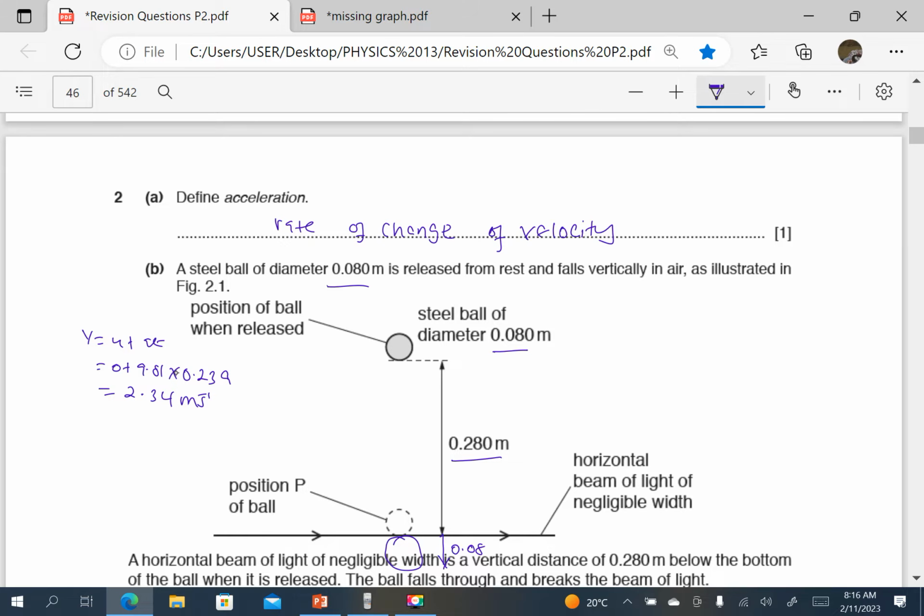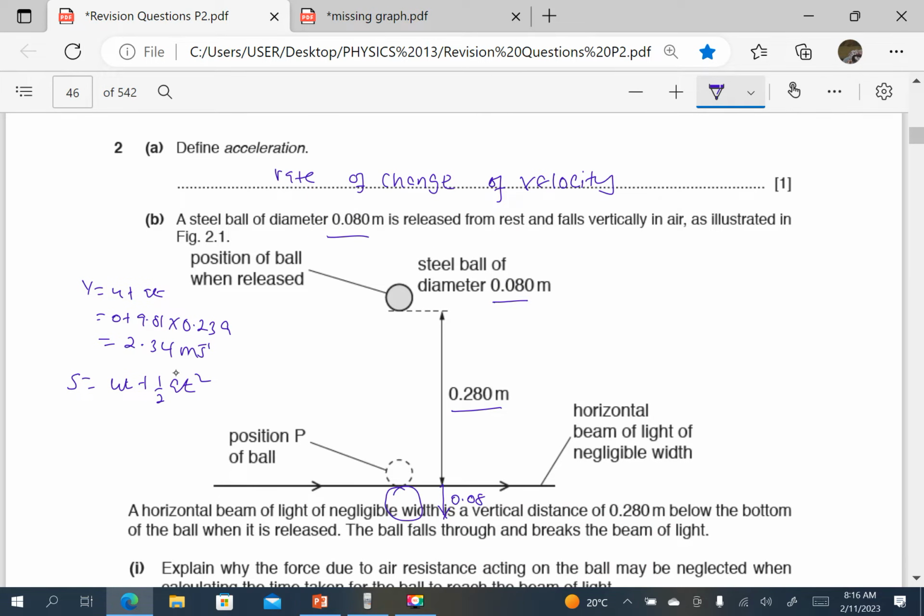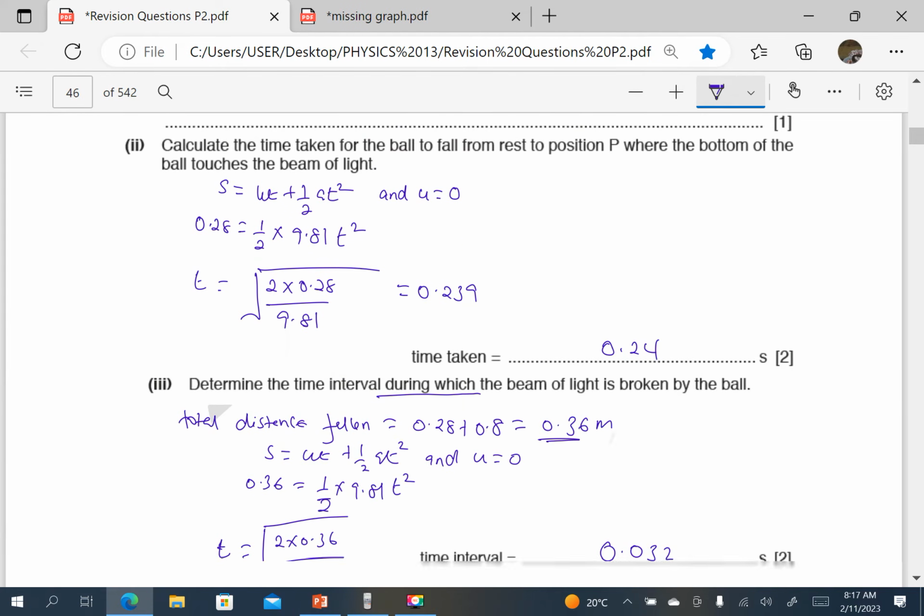This is going to be like the initial velocity when it is just crossing the beam. So we can now use s equals ut plus a half at squared. The distance which crosses the beam is now going to be the diameter of the ball, which is 0.08.